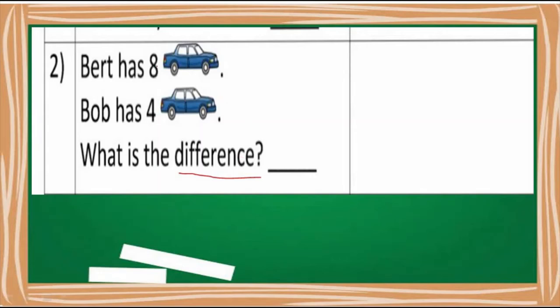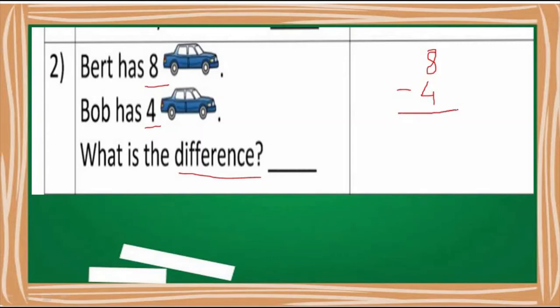So we have to find the difference between Bert's cars and Bob's cars. Okay? Let's make an equation first. Bert has 8 cars, write 8 on the top. Bob has 4 cars. So first of all make a sign of subtraction and write the number of cars Bob has, which is 4.